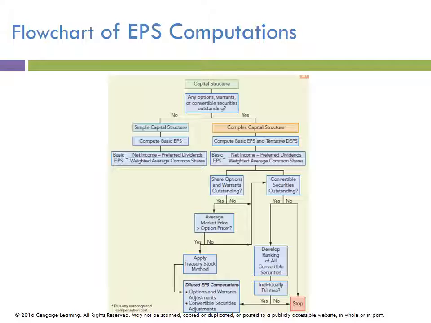First, look at the effect of your share options and warrants. Then if you have any convertible securities, you rank them and then determine their impact on diluted earnings per share.